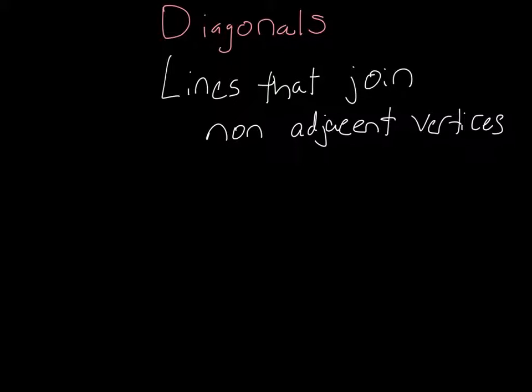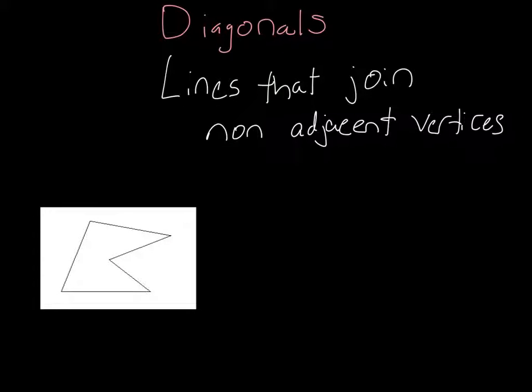So let's look at a polygon here. So this is a pentagon because it has 5 sides. Now, 5 sides means that it also has 5 vertices. So let's look at this vertex here, this corner here. So its adjacent vertices are the ones that are next to it, the ones that are drawn, connected to it by a line.